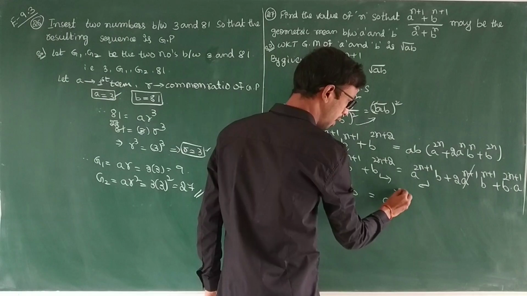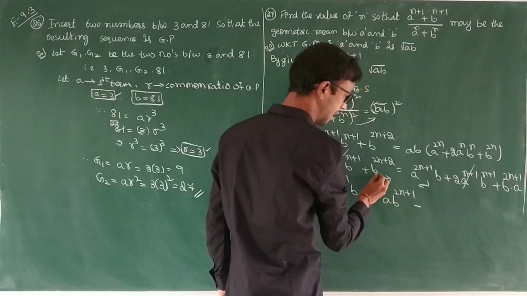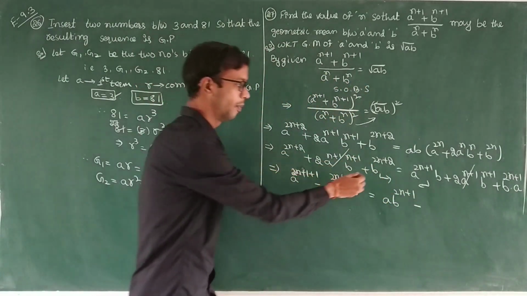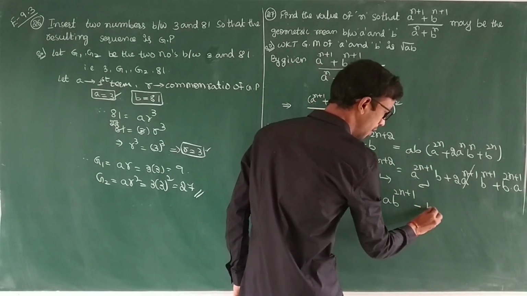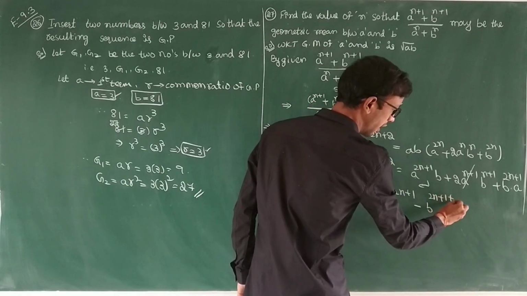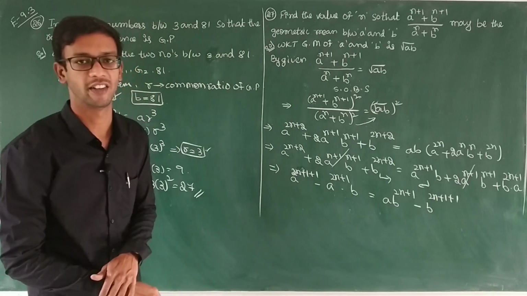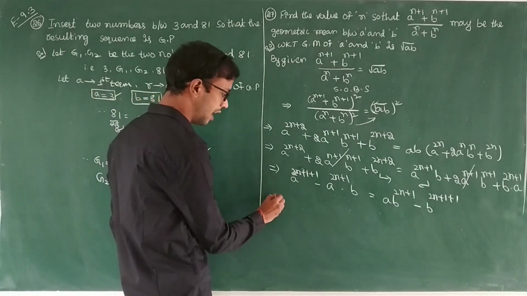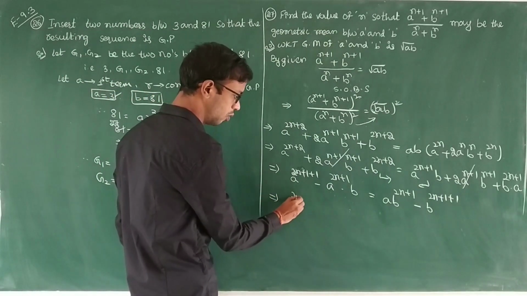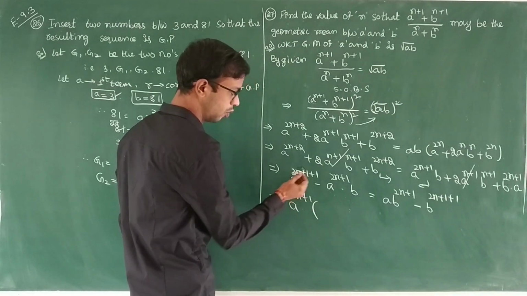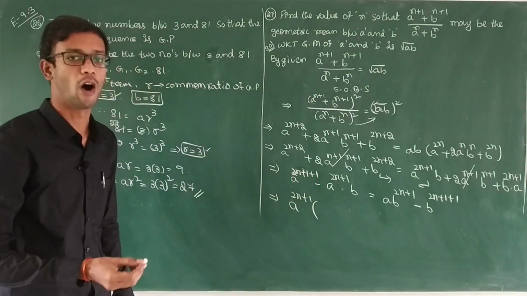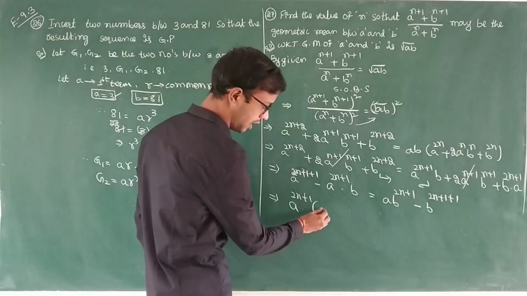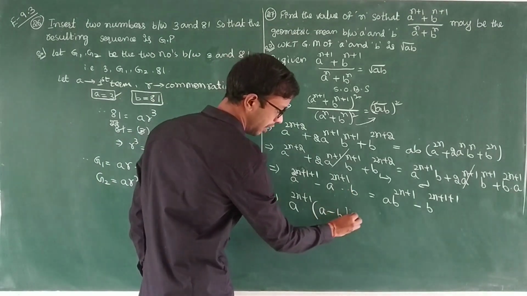A into b power 2n plus 1 minus, if we are sending to the right side, plus will become minus, b power 2n plus 1 plus 1. Plus 2, I am writing as plus 1 plus 1. So now I can take the common here. 2n plus 1 take common. 2n plus 1 common going means how much will you get? A you will get. Simple: A minus this side B is equal to.